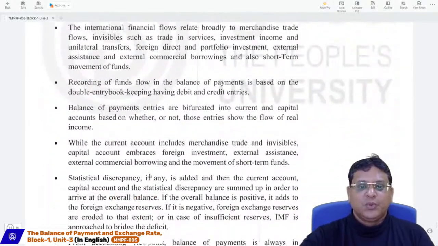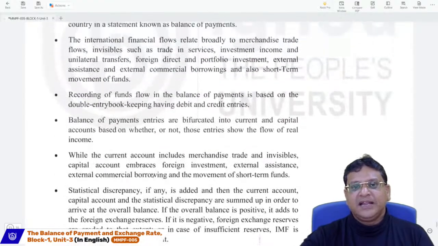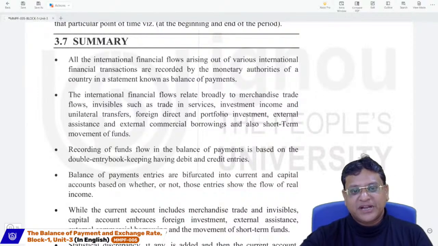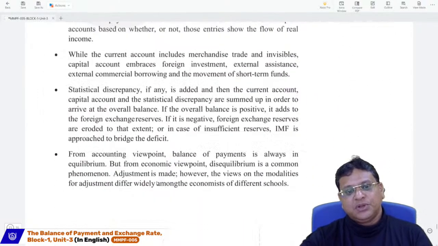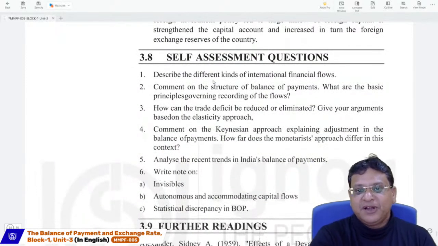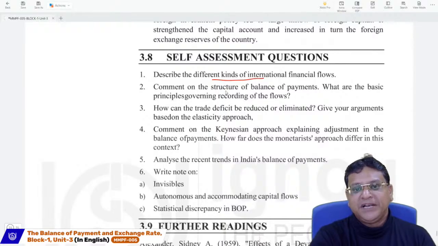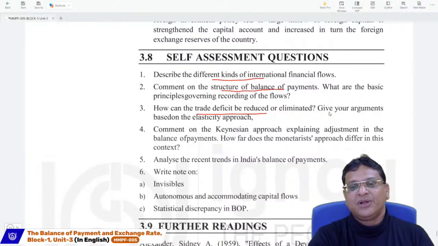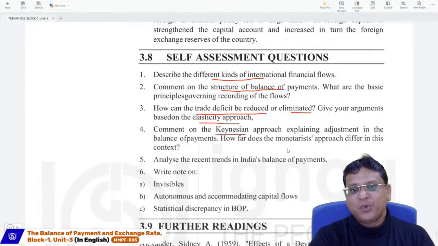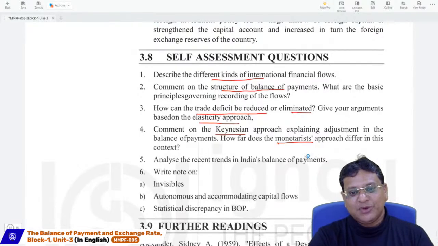So we have discussed today BOP, balance of payments. It is a statistical record of a country's imports and exports. What are the assessment questions? You can find out the different kinds of international flows, comment on the structure of BOP, how trade deficit can be reduced or eliminated, then compare the elasticity approach, Keynesian approach and monetarist approach of addressing BOP disequilibrium.